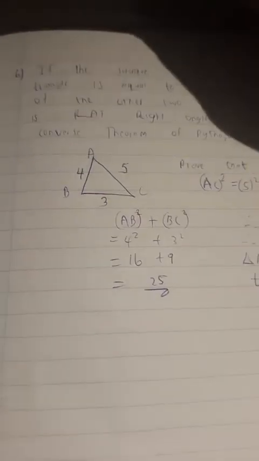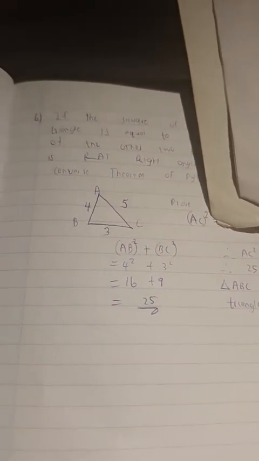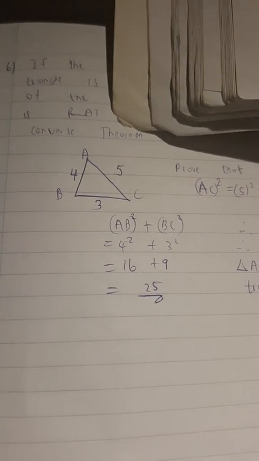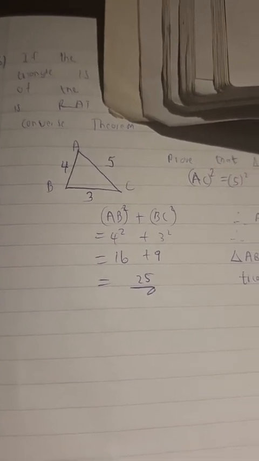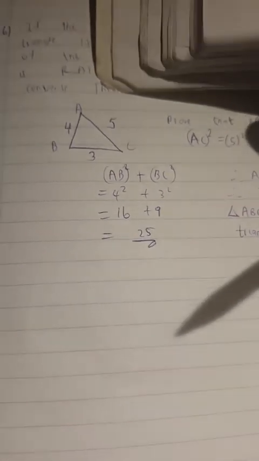Okay, so that's a practical example of how you would have a situation where you would have to use this scenario number 6. Okay, I hope that's clear for you guys. Any questions?